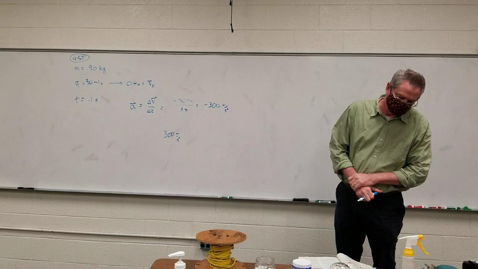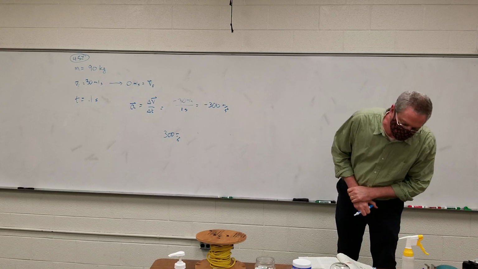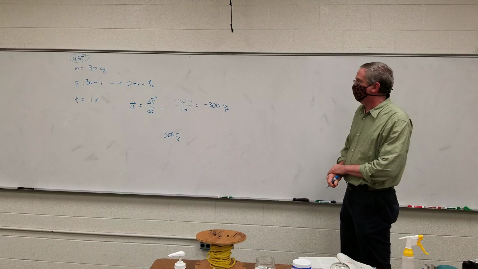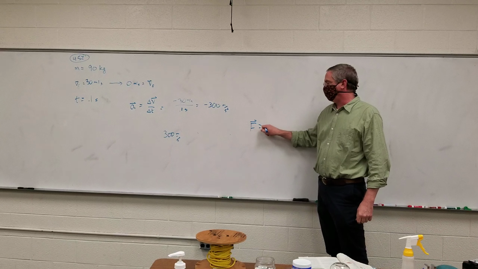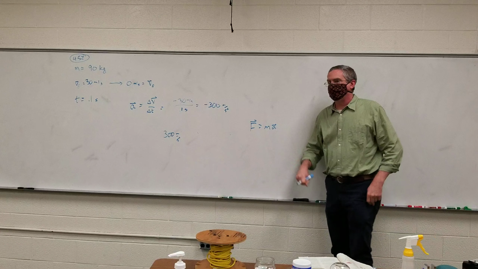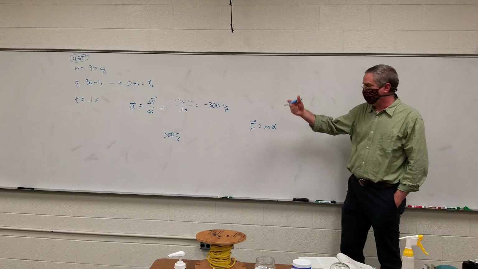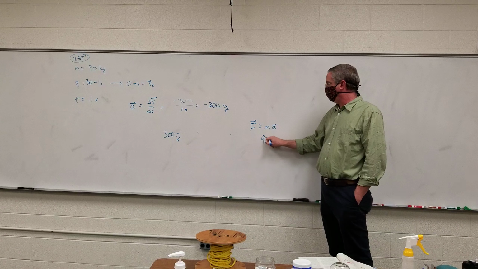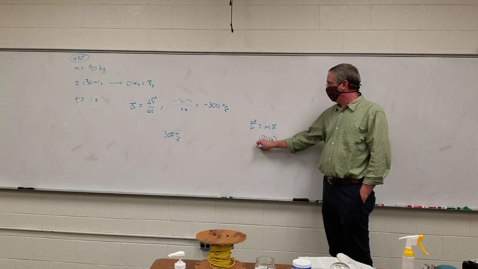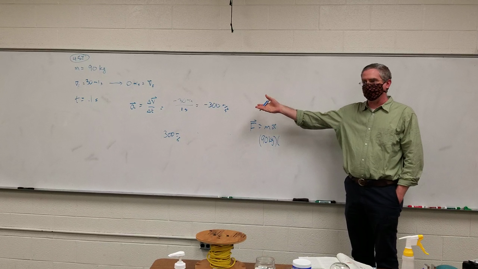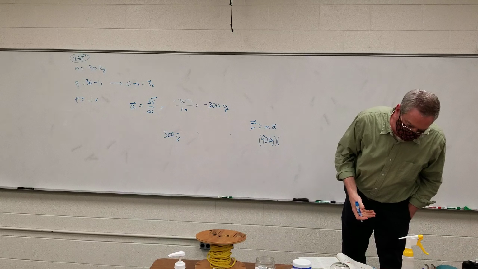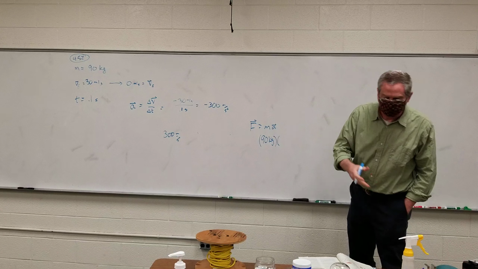Part B. Show that force of impact is 4,500 newtons. F equals ma. His mass is given. The acceleration we just found. I am going to keep the negative sign in there. Ultimately, he's ignoring the signs.